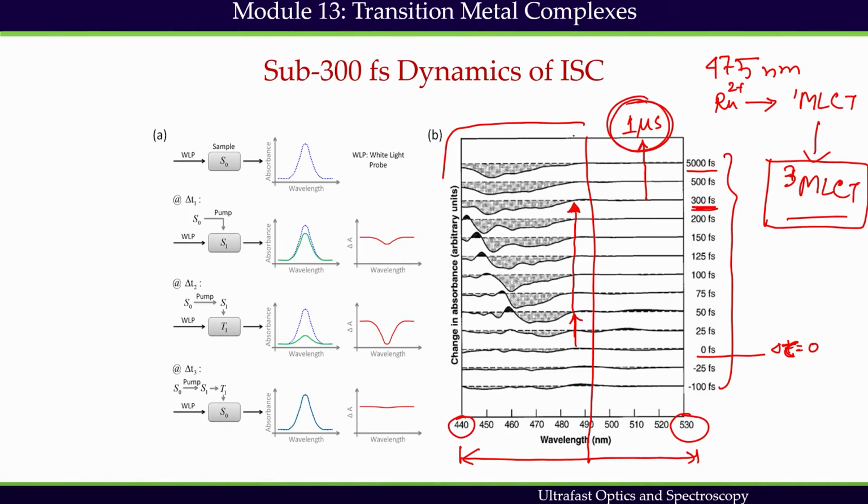This suggests that we have already prepared the 3MLCT state within the 300 femtosecond time scale, and the half-life, if we consider, is going to be almost 100 femtosecond. So the intersystem crossing time scale is of the order of 100 femtosecond, which prepares this triplet state.